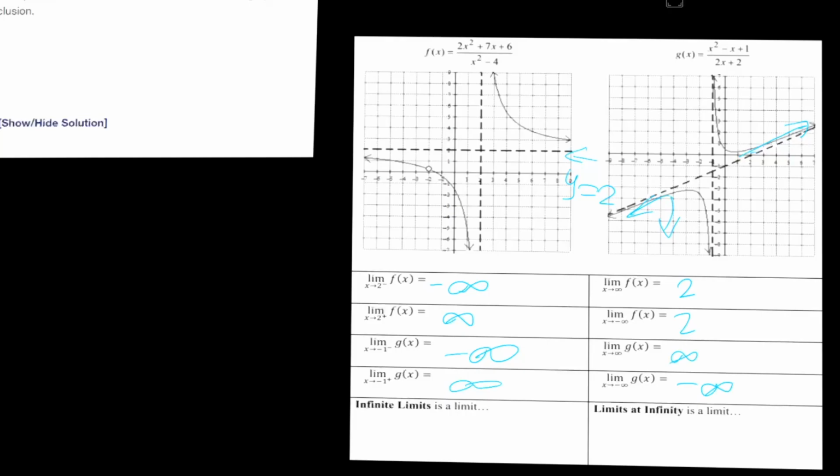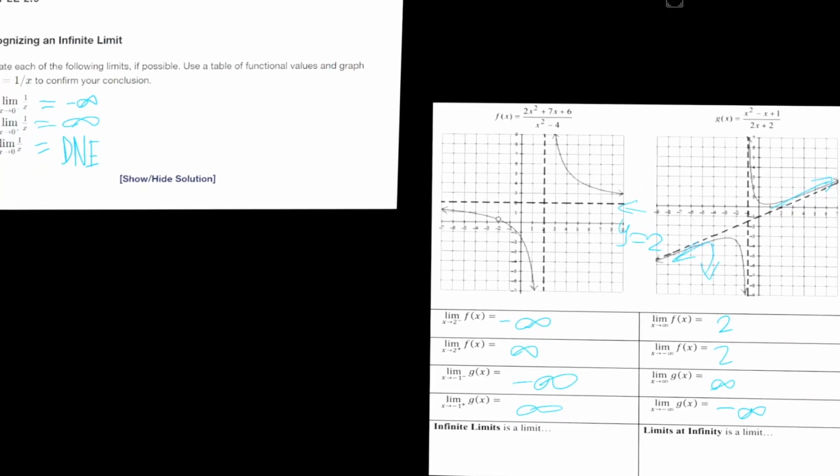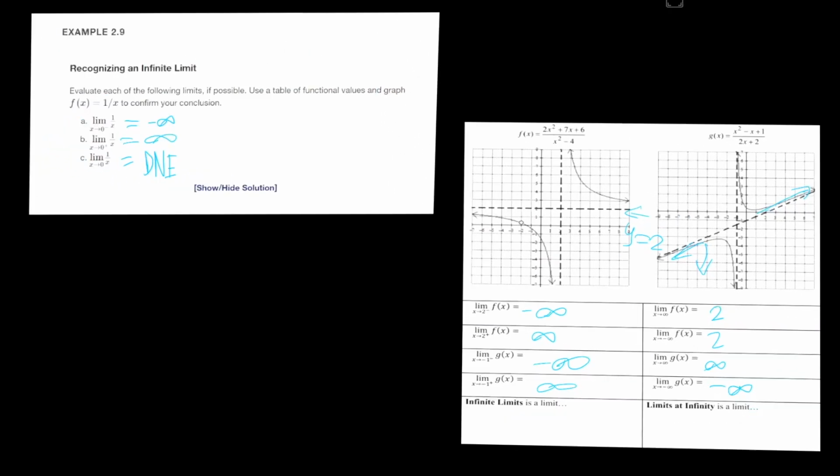So what did we learn today? Today we talked about finding limits as x approaches a certain value of a function that has an asymptote. As x approaches an asymptote, we talked about what happens to the function, and there are many things that can happen.